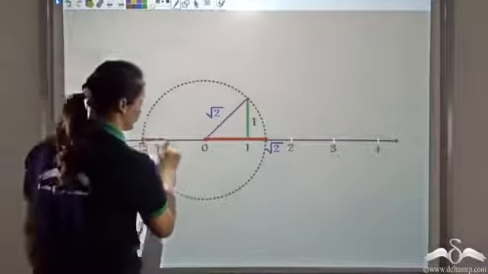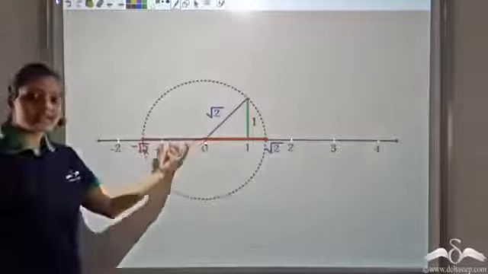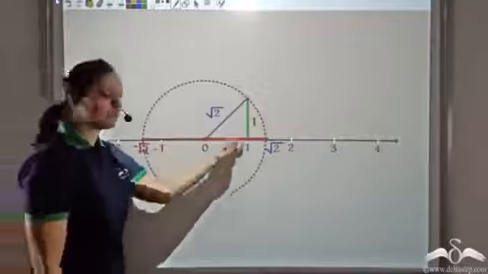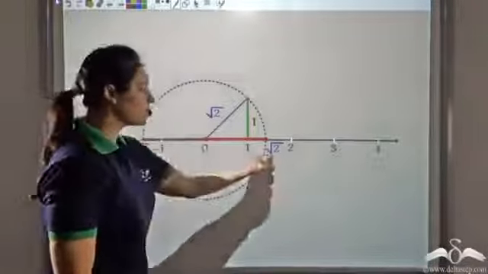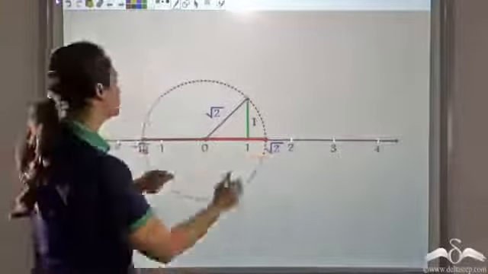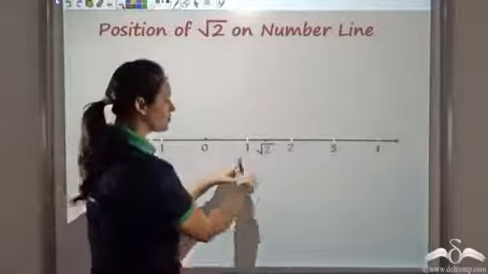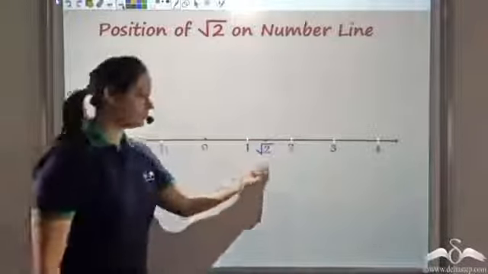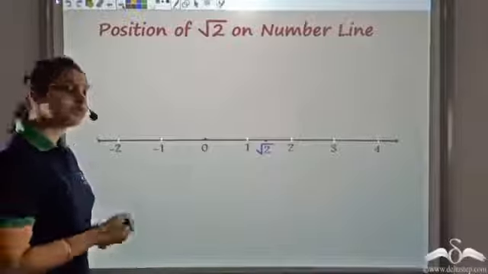The distance is the same, the length is the same. What changes is just the direction. Magnitude is the same, direction changes, and you get a negative number. So this is how you can plot under root 2 on the number line. I get under root 2 on the number line, which lies between 1 and 2. Now can we find under root 3?